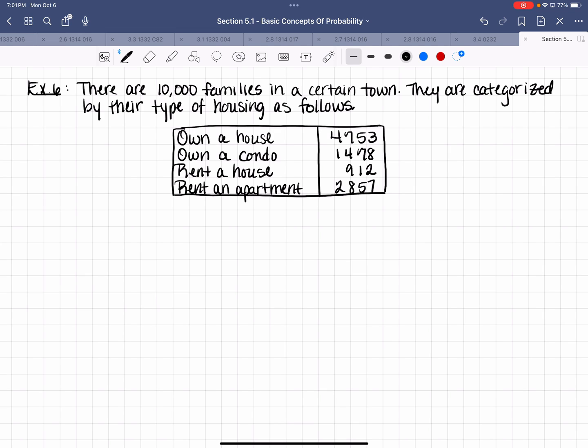Okay? A says, what is the probability that the sampled family owns a house?